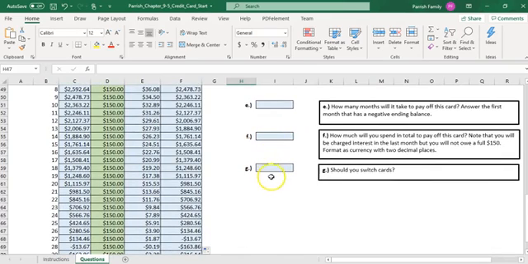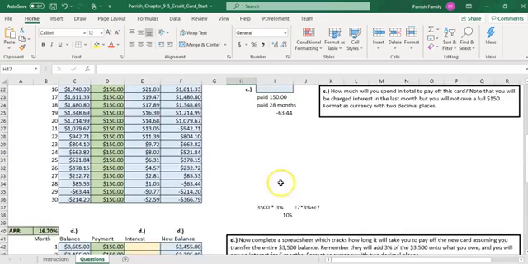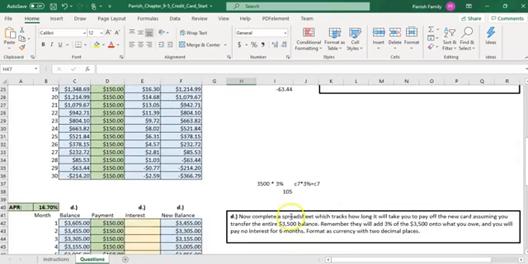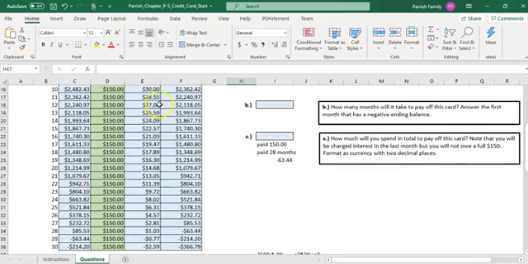And then for G, you have to decide, would you switch? So I would suggest looking at F and looking at C and deciding which one did I end up paying more money for. If I ended up paying more money using this system, then it would be better to go with the lower interest rate up above, right?